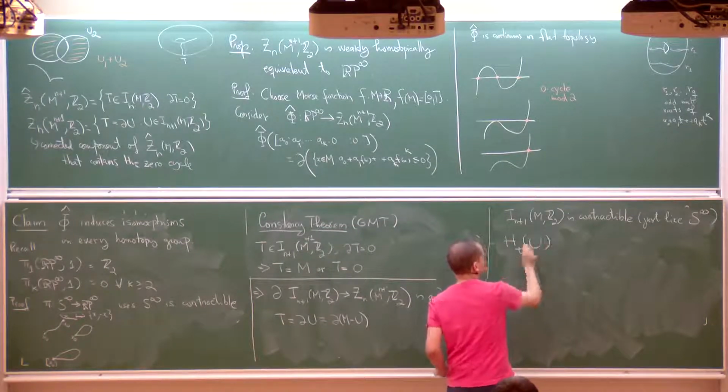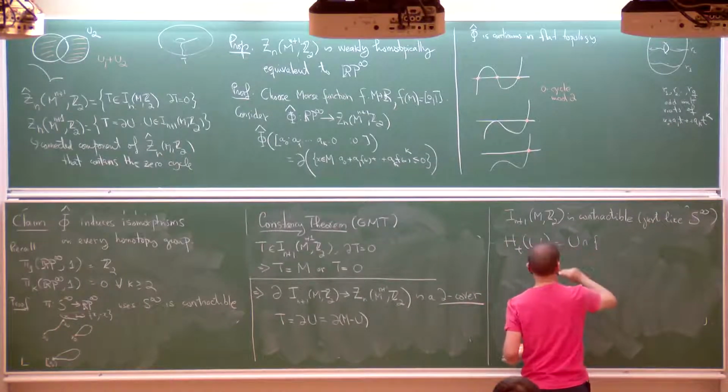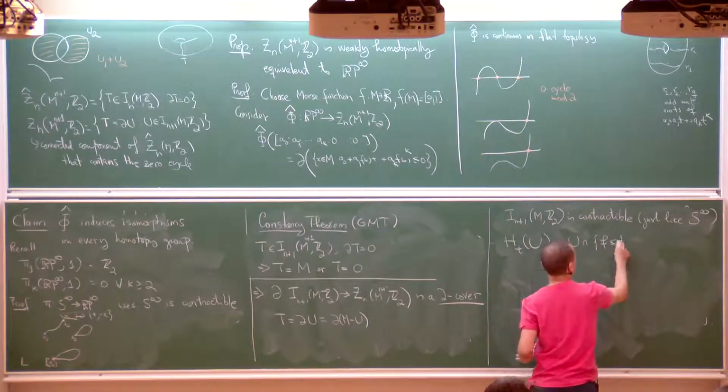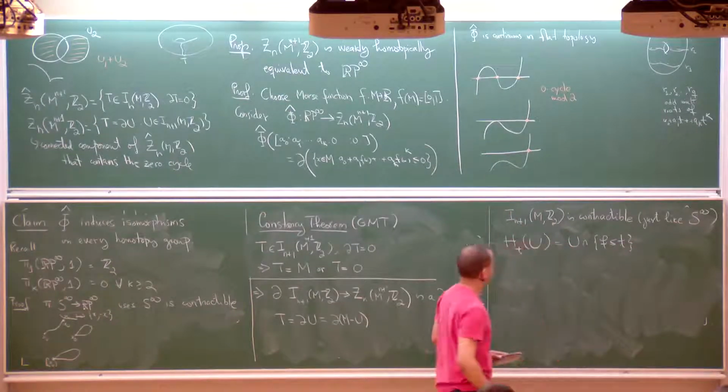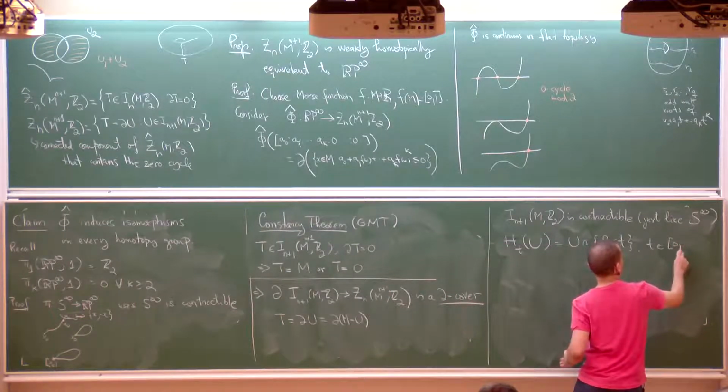HT of U is going to be the intersection of U with the set of points where f, my Morse function f, is less than or equal to t. So this is for t between 0 and 1.